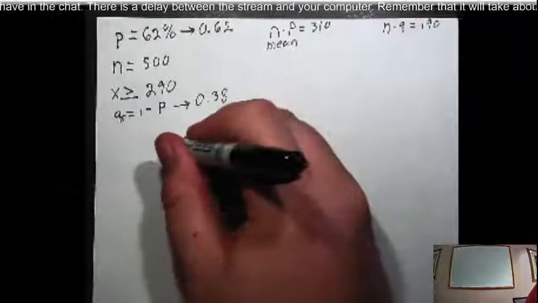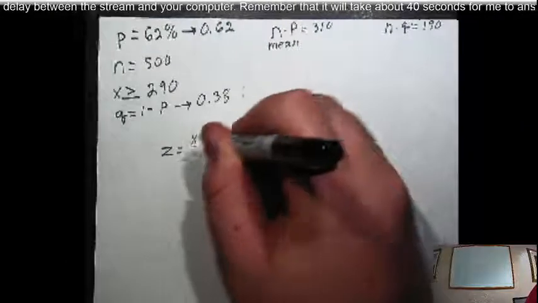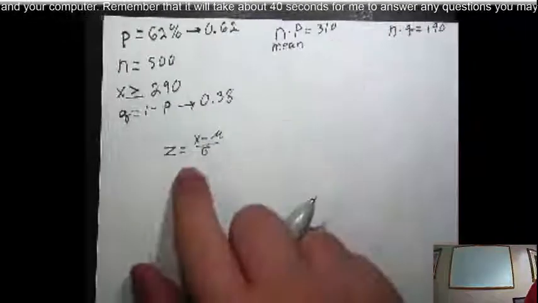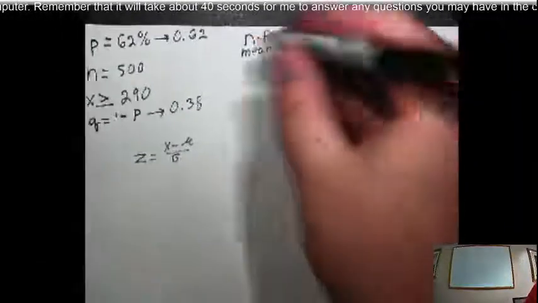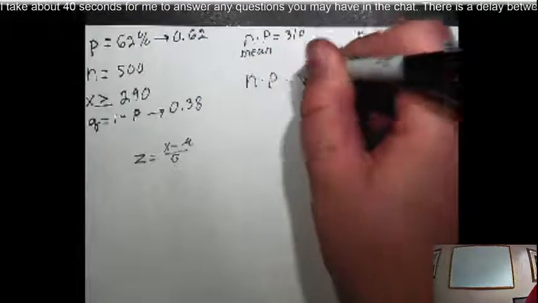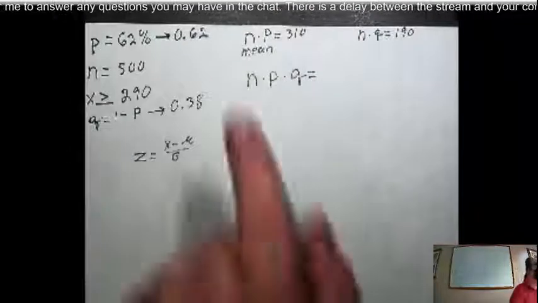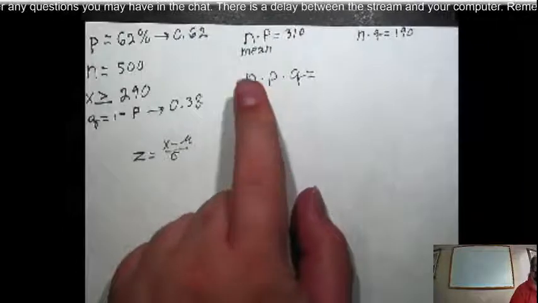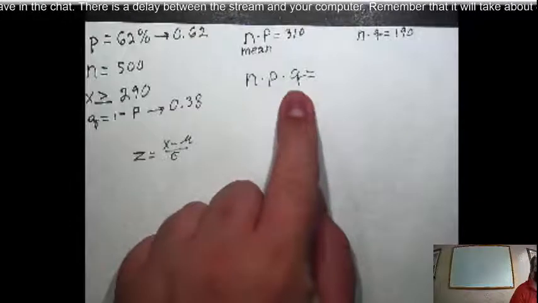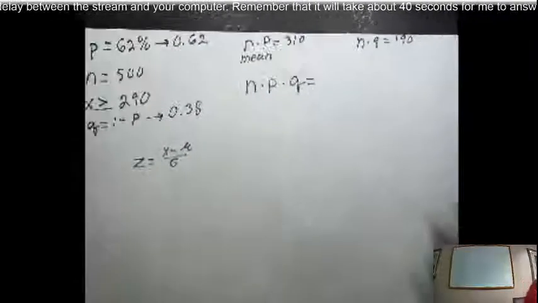So we can move on. Again, our ultimate goal is to get z equals x minus mu over sigma. So we've got our mean, it's 310. We need that standard deviation. So we need to do n times p times q. So 500 times 0.62 times 0.38. That's going to give us 117.8.